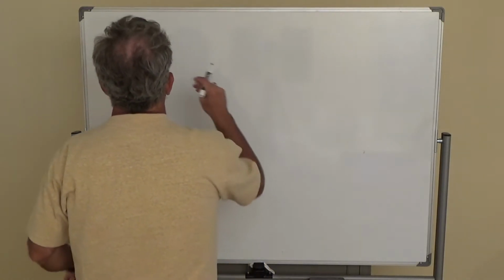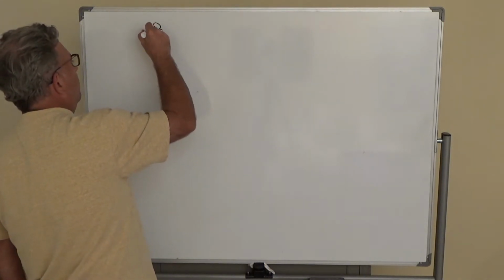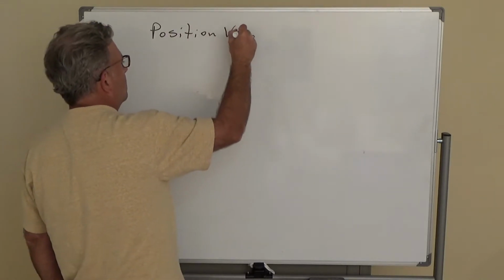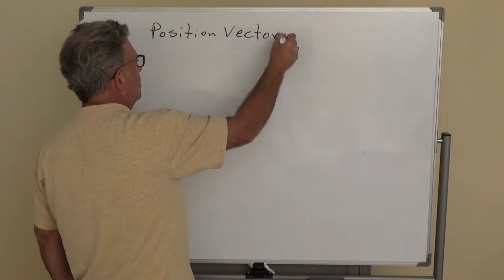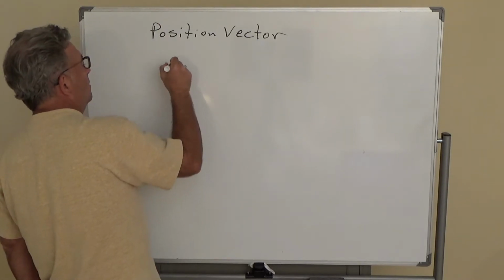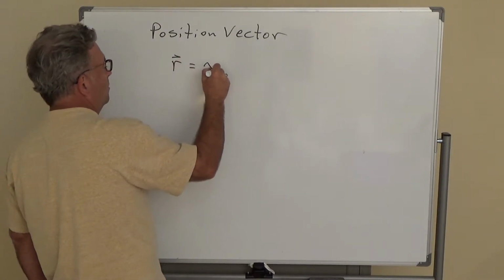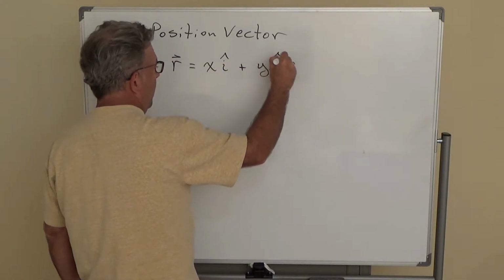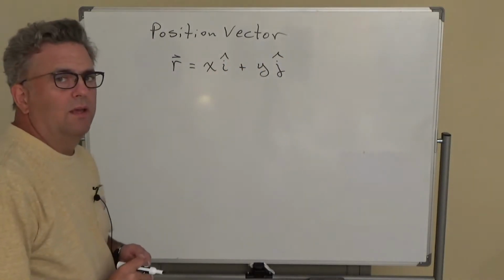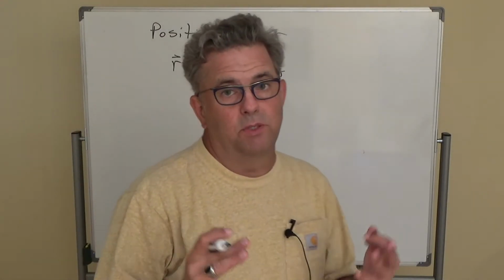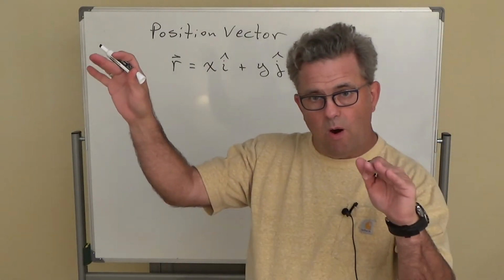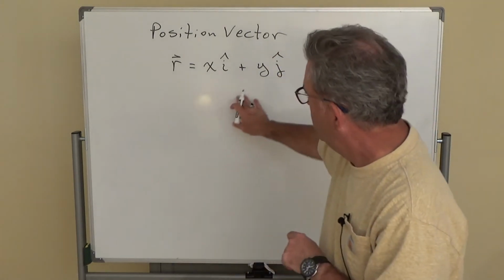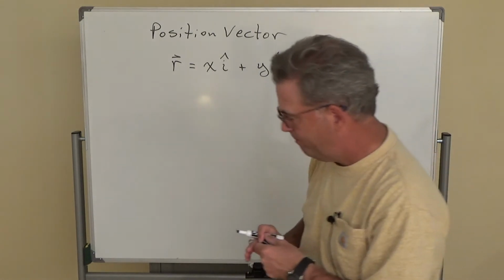And we had the position vector, which was just r, and it equals x i hat plus y j hat. So that's the position vector. It's just where you are in the plane, and it's a vector that points from the origin to your position in the plane.